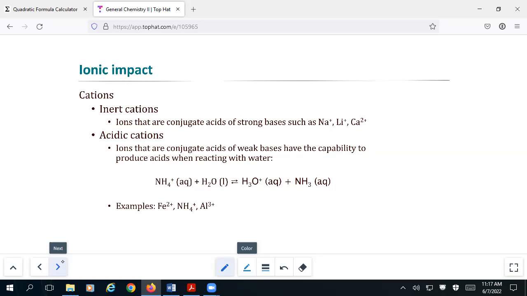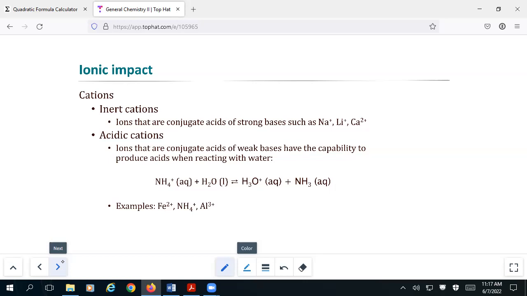Those cations can either be inert, meaning that they come from strong bases, in particular strong hydroxide bases, your lithium hydroxides, your sodium hydroxides, your potassium hydroxides. Those ions are going to tend to have inert character, not going to impact water at all.